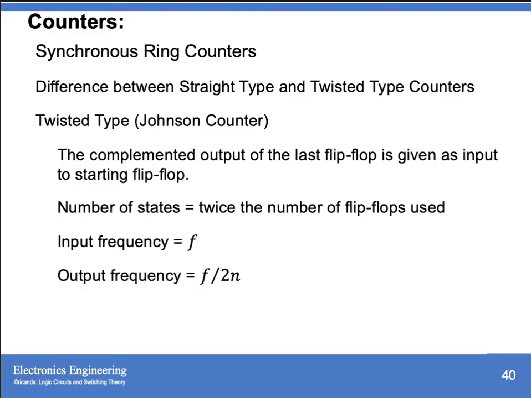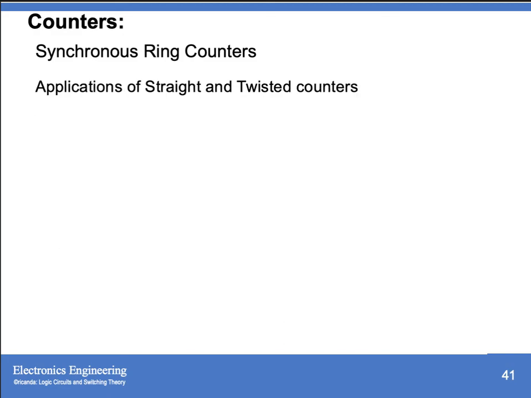And the total unused states is 2 to the n minus 2n. So what are the applications of ring counters? It is used as a frequency counter, analog to digital converter, and digital clock.